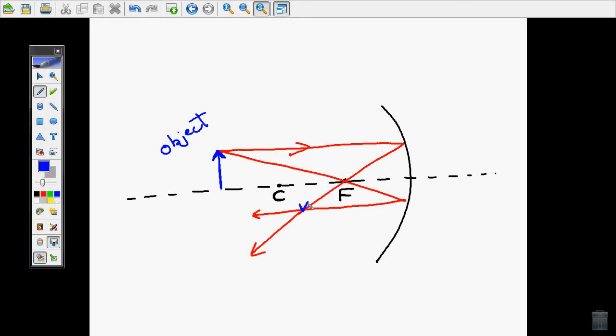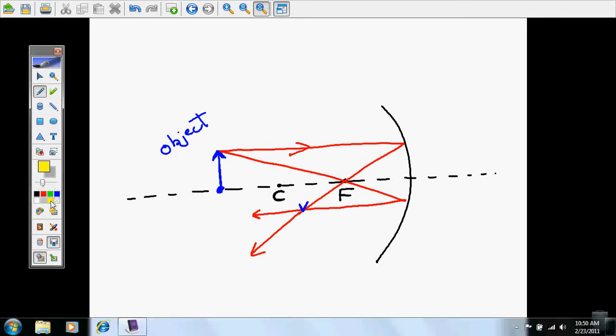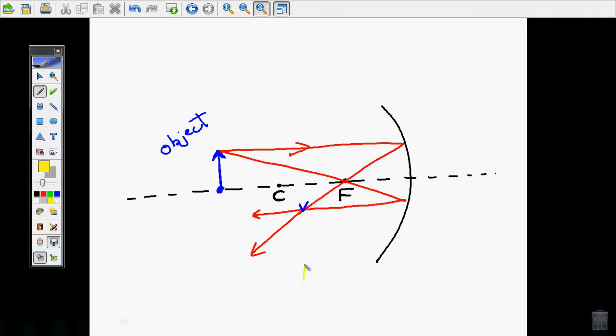Now, here's the easy part. You see right here, that's the feet of the object, and they're on the principal axis. Well, if I look at a line going straight up like that, the feet are going to be on the principal axis at that same distance that the head is from the mirror.